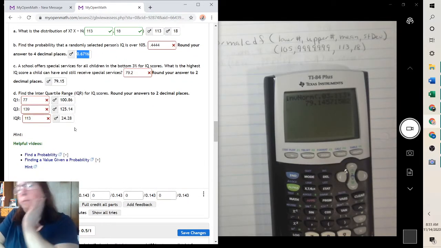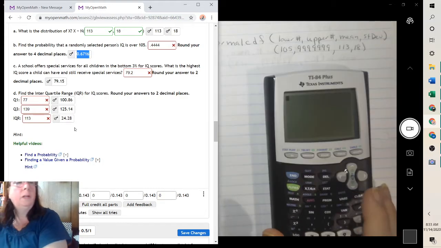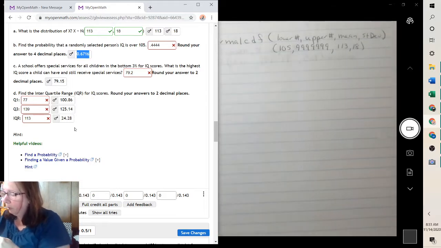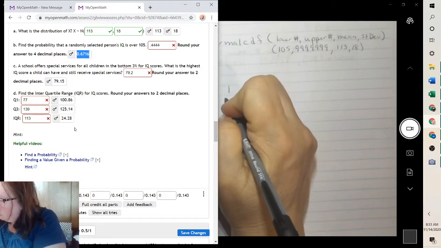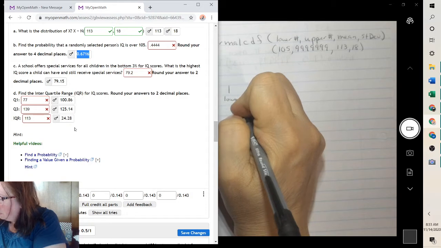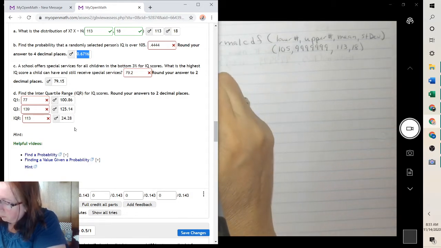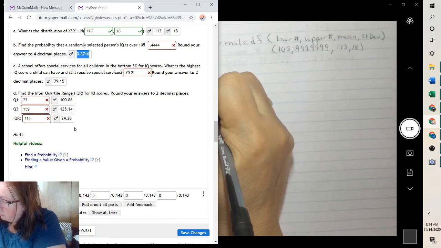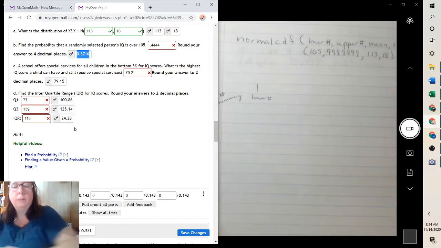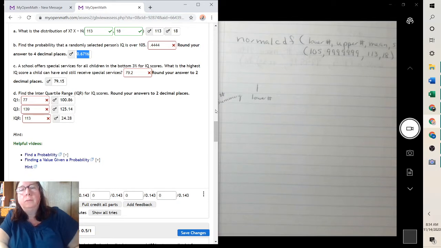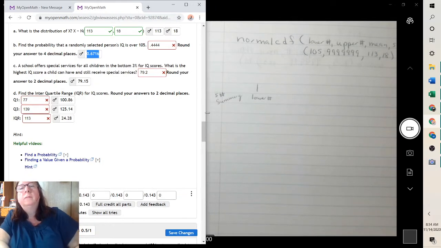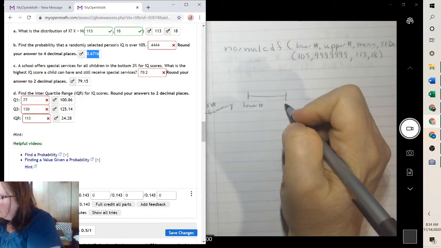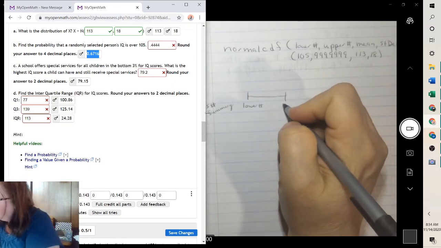Now for this one, quartiles are quarters. Like there's your lower number. This is a 5-number summary. So you have your lower number, Q1.